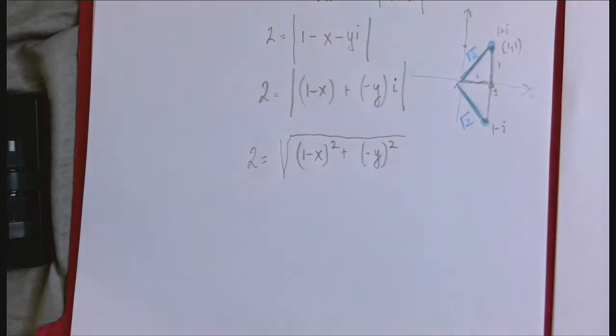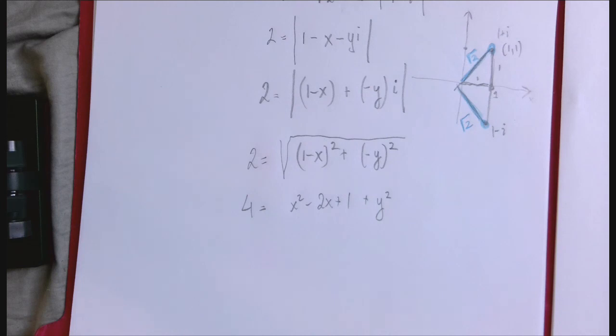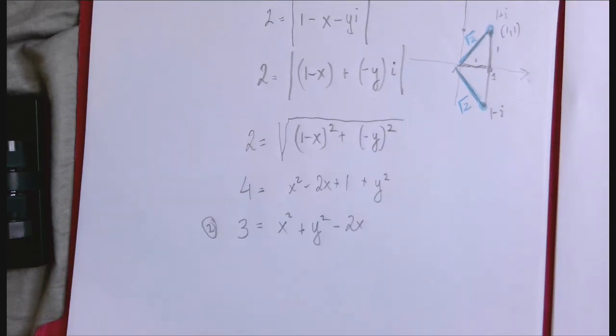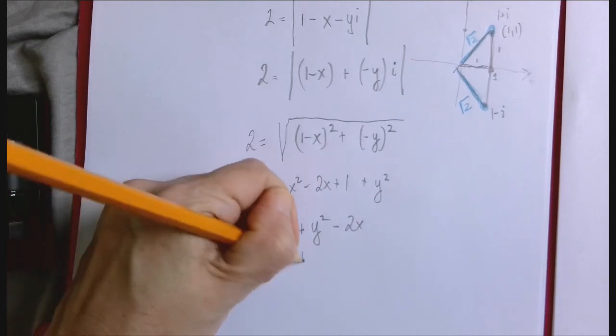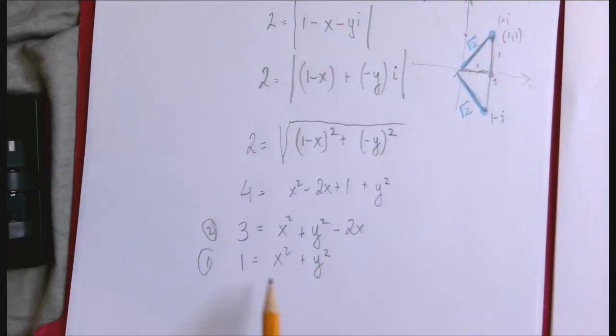Let us square both sides of the equation. So at this point, we have again arrived at an equation in real numbers, x and y. Our second equation is 3 equals x squared plus y squared minus 2x. Recall the first equation, which says that x squared plus y squared needs to be 1. We can just substitute 1 into x squared plus y squared.